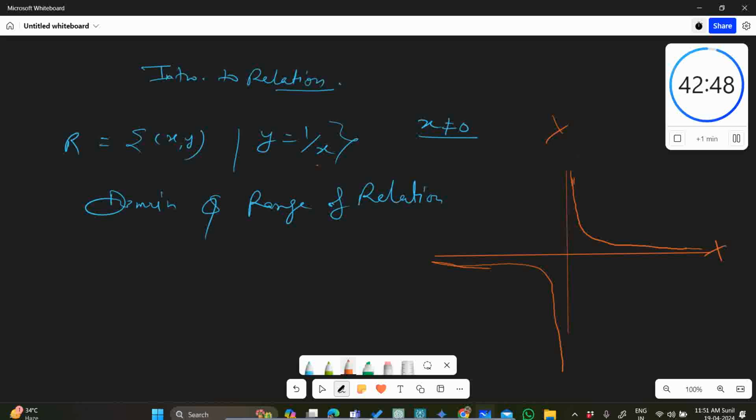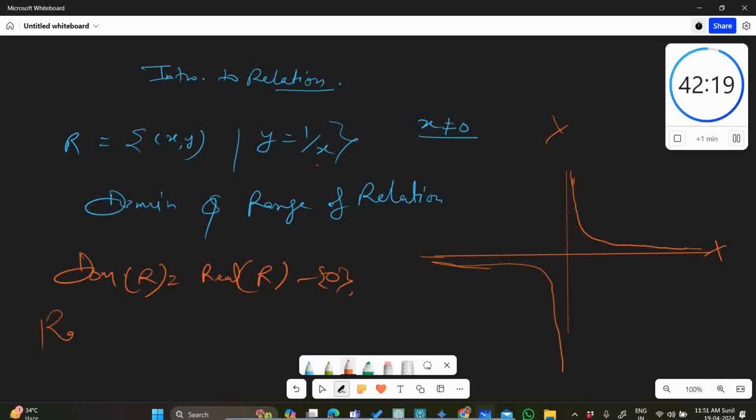When x reaches minus infinity, y also reaches 0. So the domain of R will be real numbers minus 0.